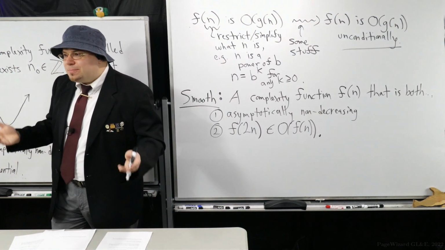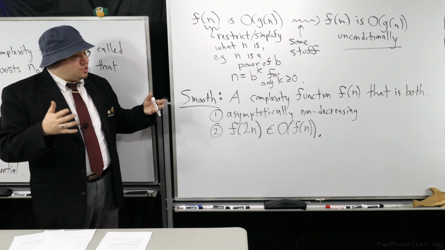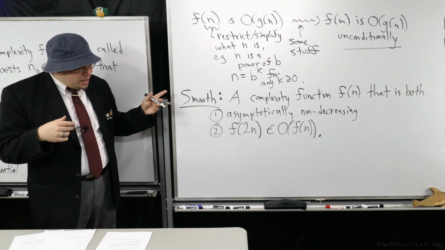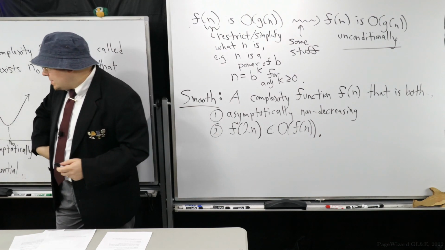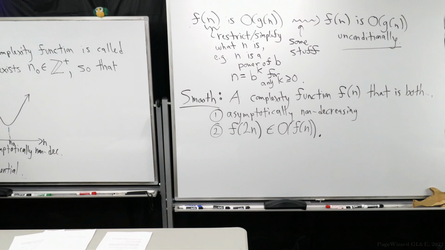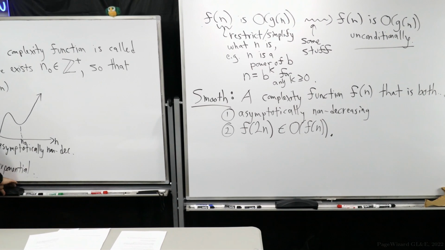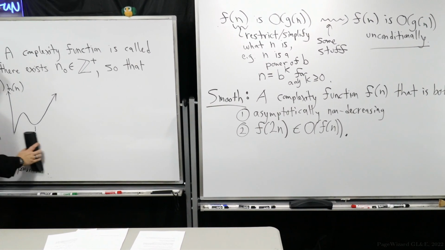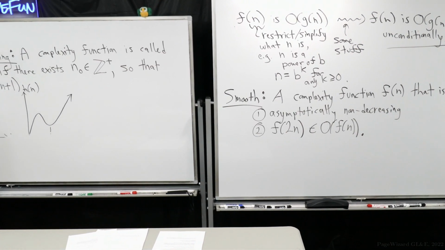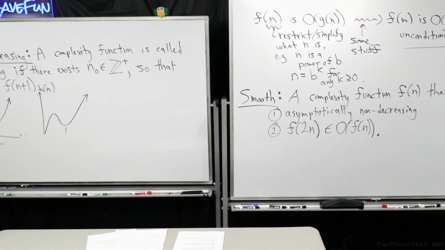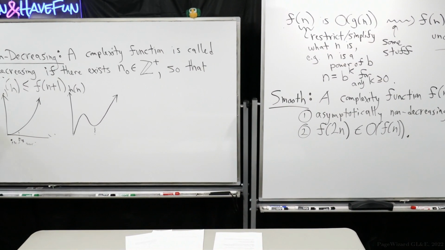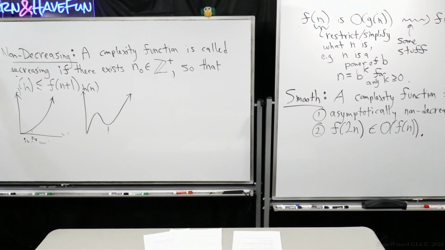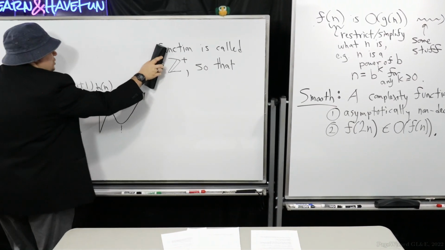So I'm going to do some examples with you to illustrate the idea of smoothness, what a smooth function is. I'm just going to need another marker here. As I said, all the functions we're going to study here are asymptotically non-decreasing, so I'm not going to focus so much on that.